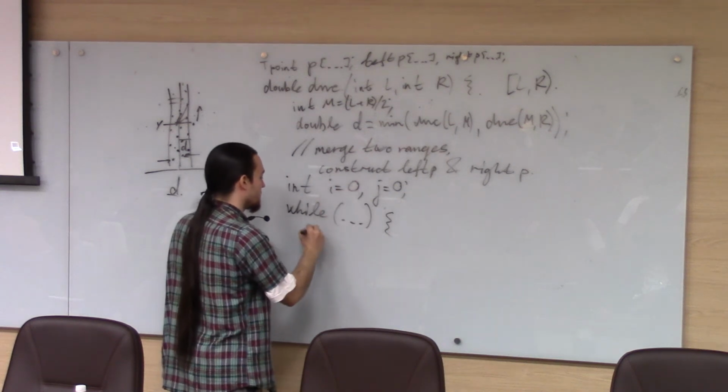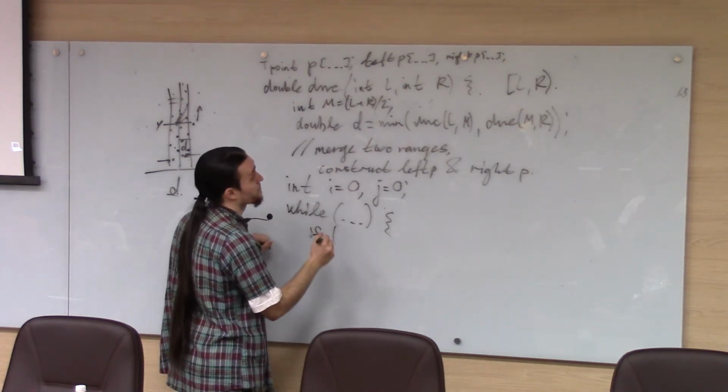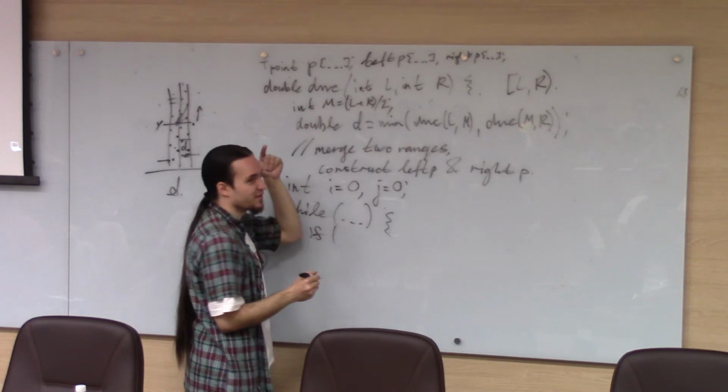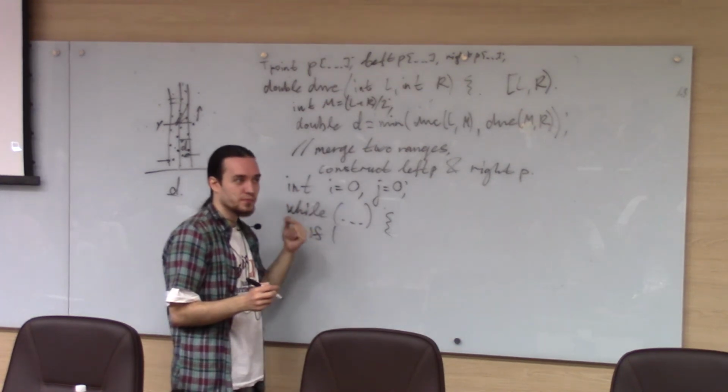Assume that the point on the left side has lower y coordinate.